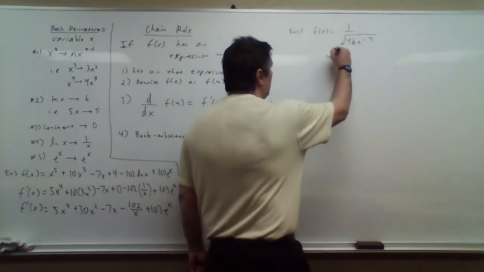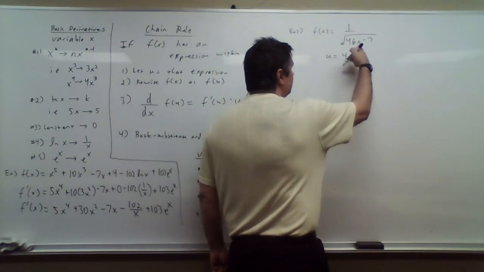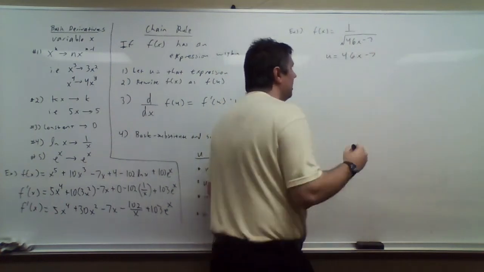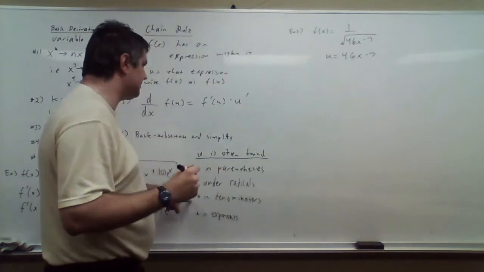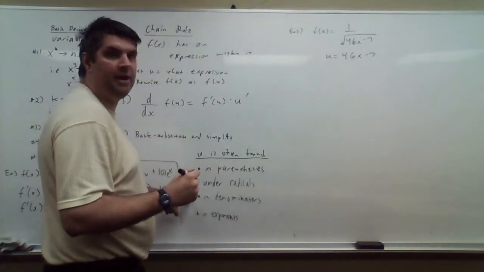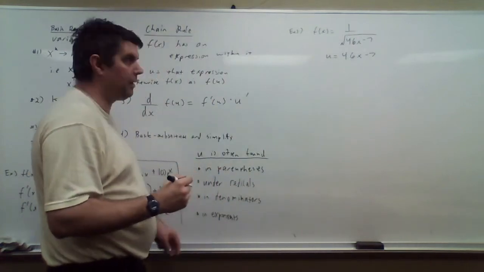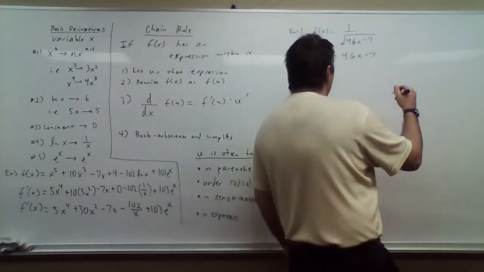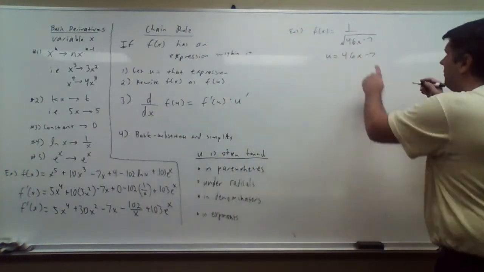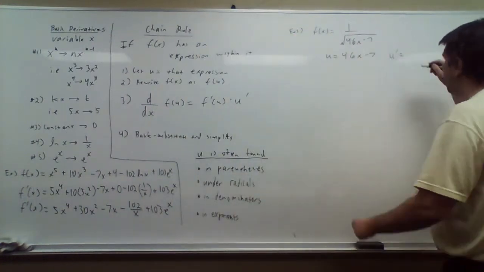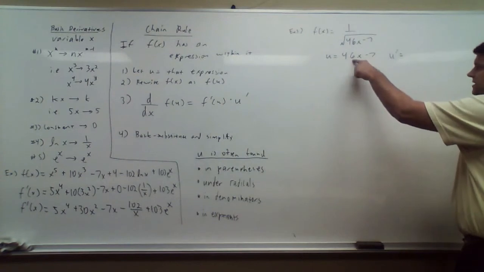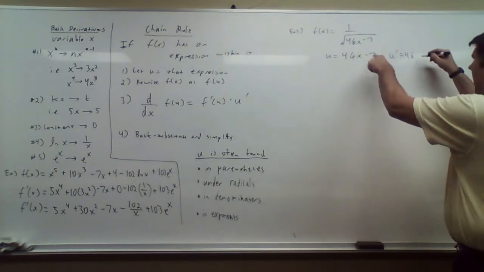We will let u equal 46x minus 7. It's under a radical, and it's in a denominator. It's a double whammy. Now, if u equals the radicand in the denominator, then u prime, the derivative, is just 46 minus 0, so just 46.